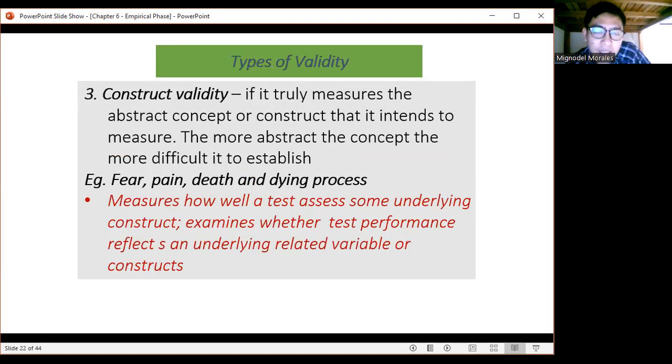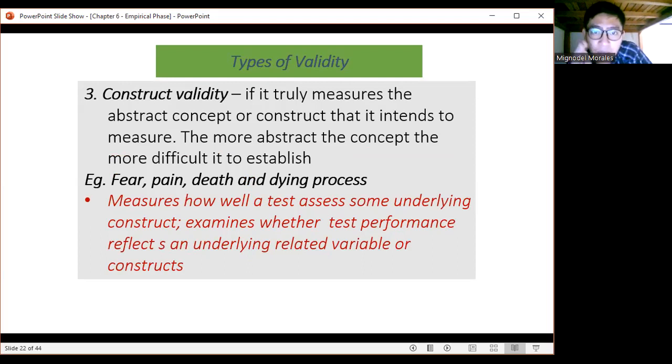We have also construct validity. It measures whether the instrument measures the abstract concept or construct it intends to measure; the more abstract the concept, the more difficult it is to establish. Okay? So in construct validity, every item in your questionnaire must answer the specific objective.